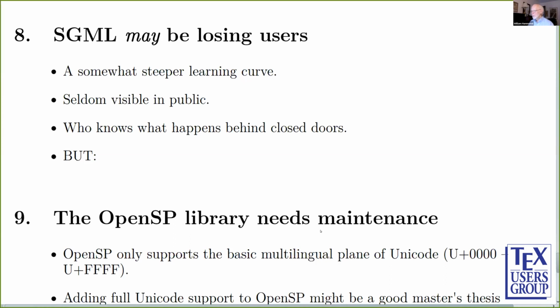SGML likewise can use pointy brackets for the markup, but for example, one can also make an SGML document look like a Lisp program. I'm not going to say any more about that.